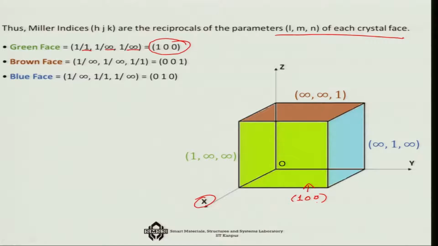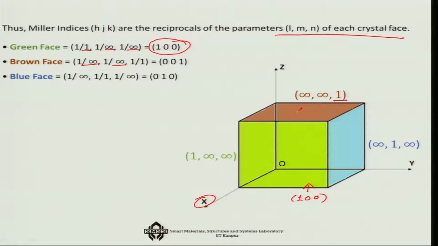Now, let us look at some other faces. For example, the brown face. You can see that it is parallel to the xy plane. So, it is 1 over infinity, 1 over infinity for x and y, but for z it is unity. So, the reciprocals are 0, 0, 1.